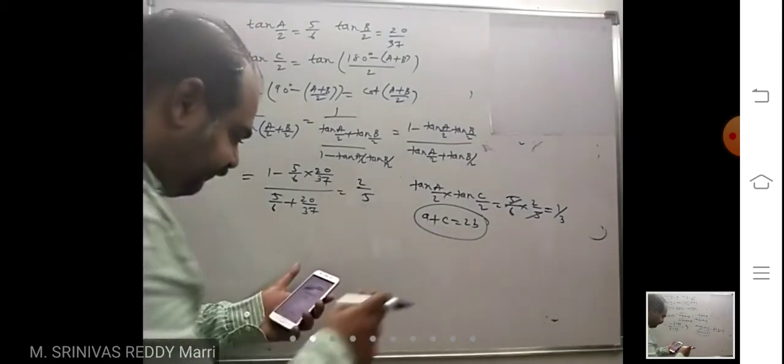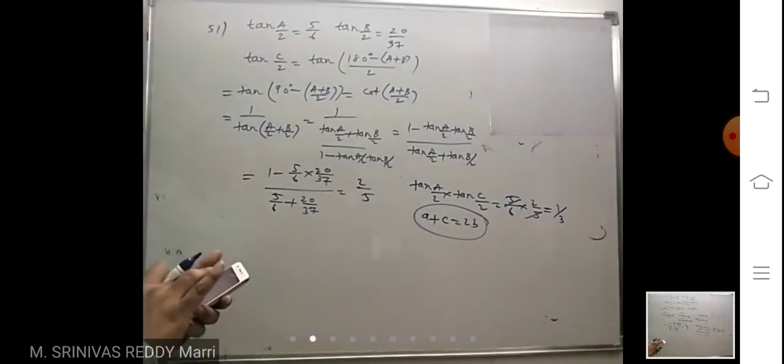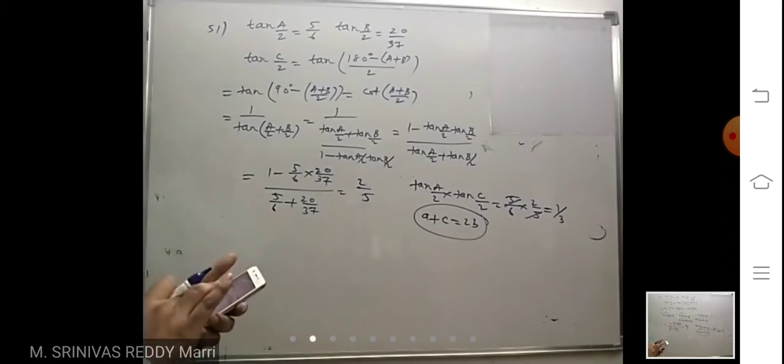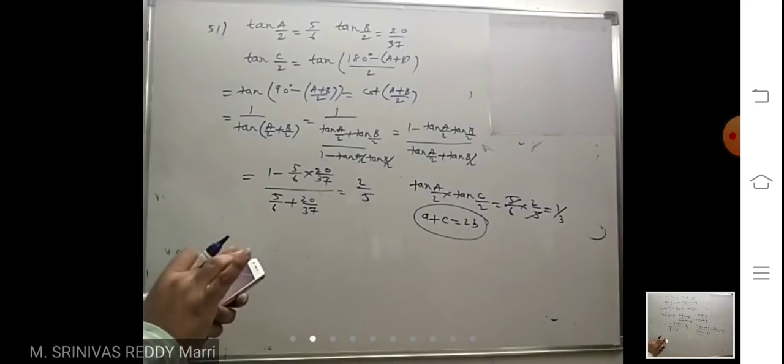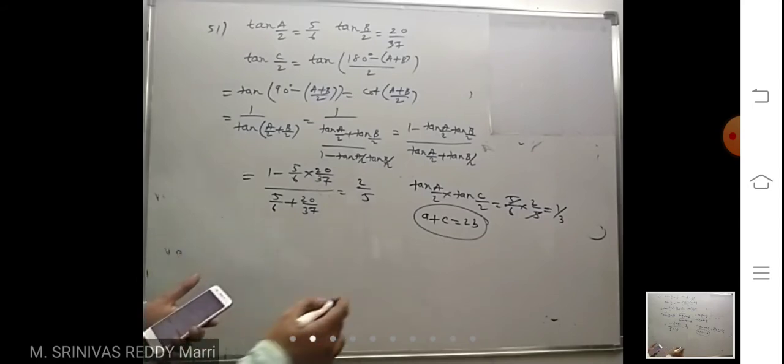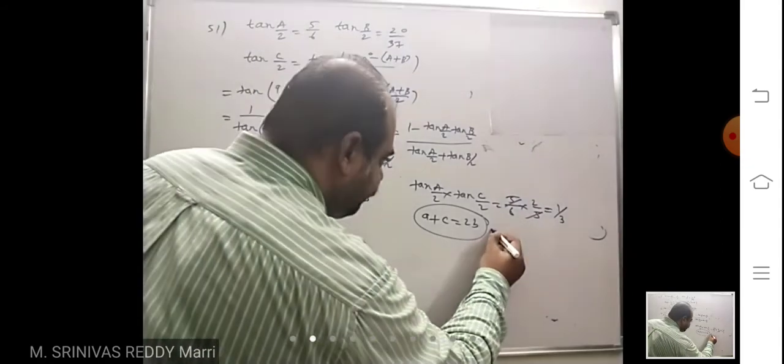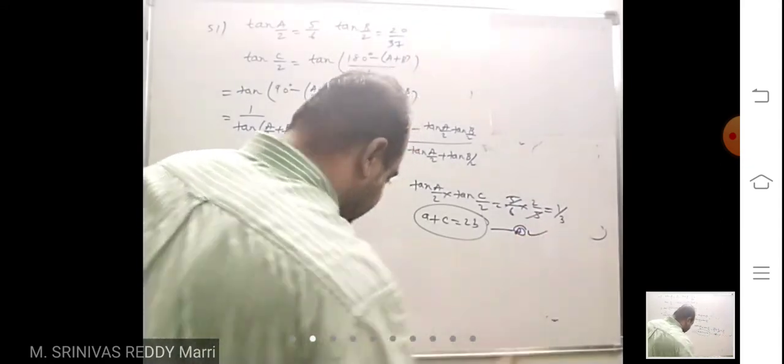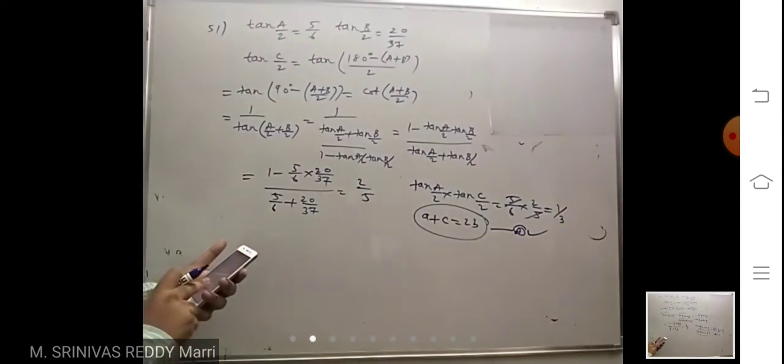So this is the relation you first have to establish. Now the options. First option is correct, so option A is correct.